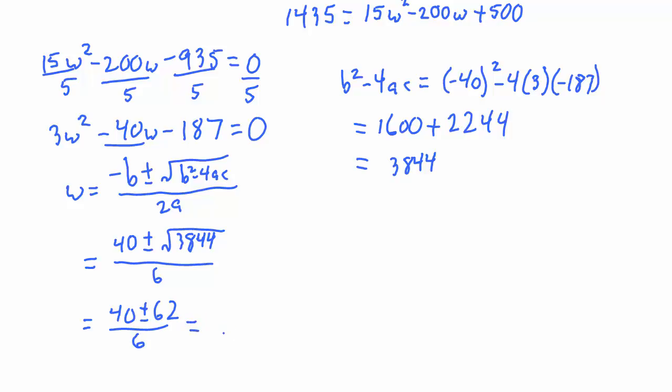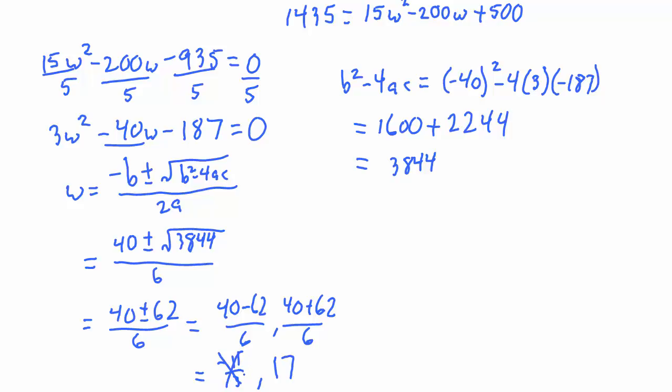Now I'm going to just go to the right here because I'm running out of space again. So I have 40 minus 62 over 6 and 40 plus 62 over 6. And if you were to simplify this, 40 minus 62 is negative 22. Negative 22 divided by 6, simplified, is negative 11 over 3. 40 plus 62 is 102. 102 divided by 6 is 17.